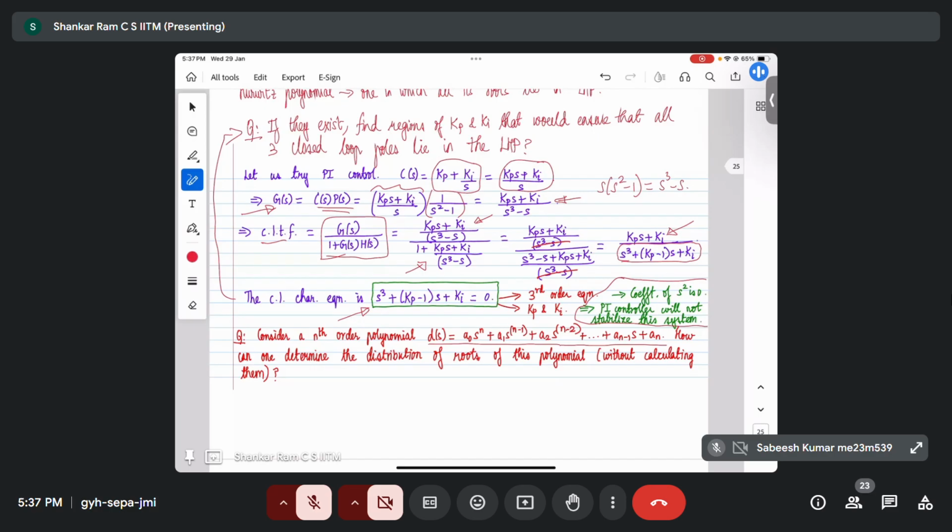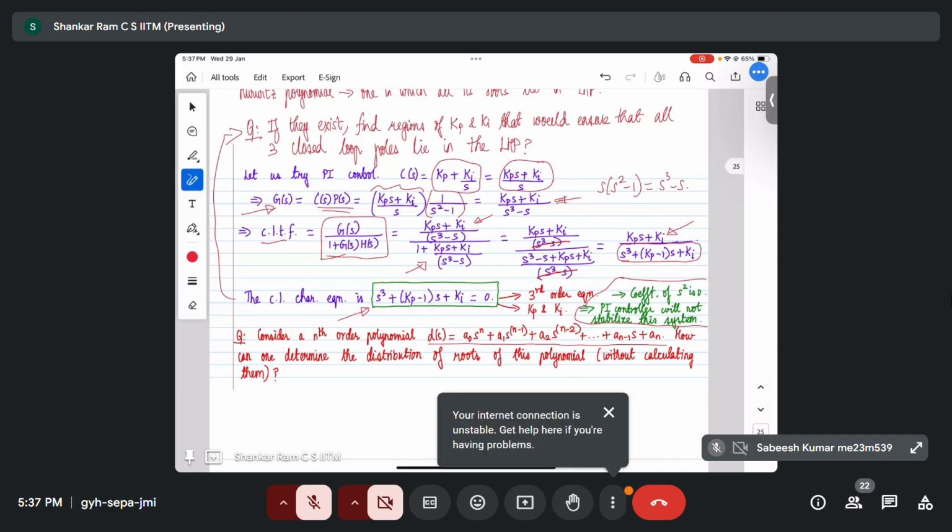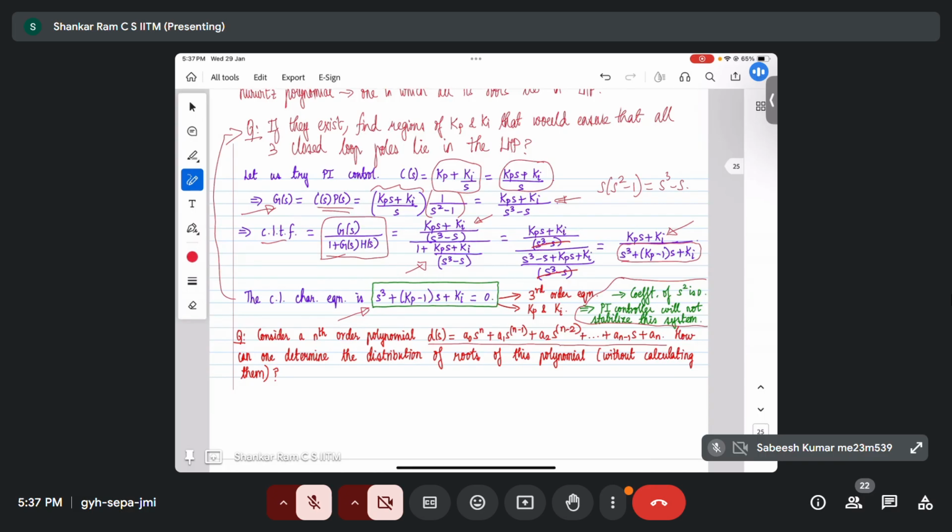We figured out how to go about the entire process. In the next class, we will continue with how to figure out the answer to this question, and then we'll come back to this example. I have already written the solution in green color font, but we'll figure out how to get to that green color font in the next class. All right. So now open for questions and discussions.